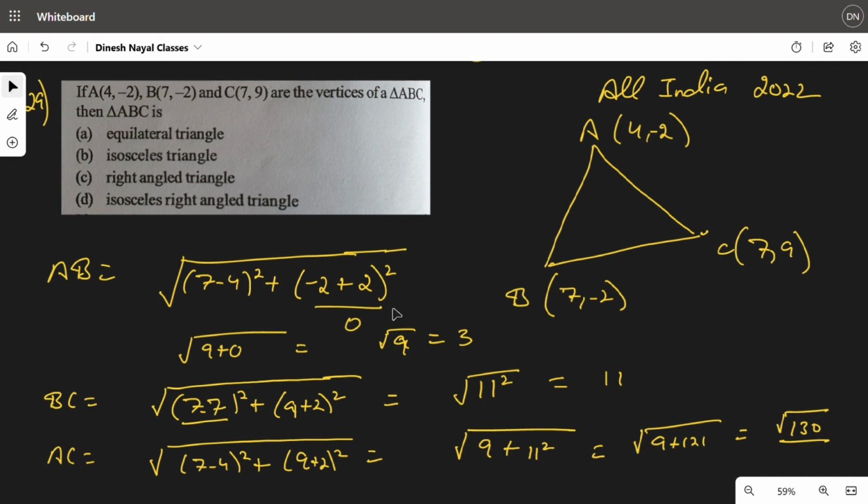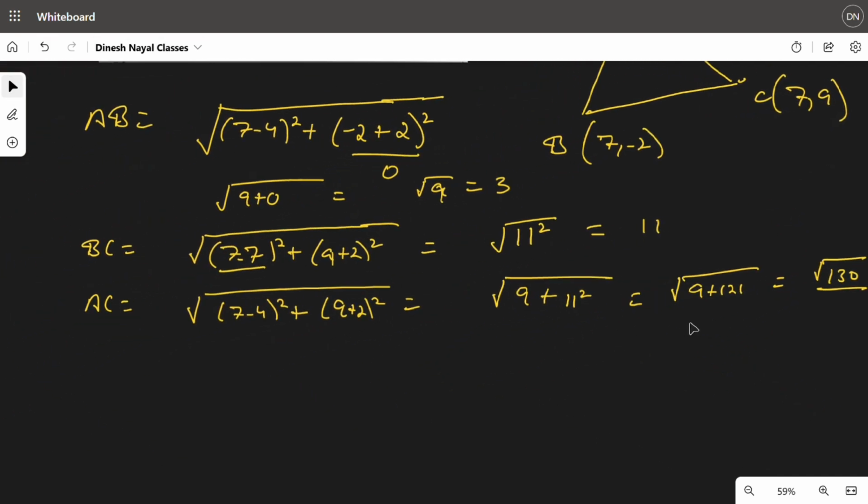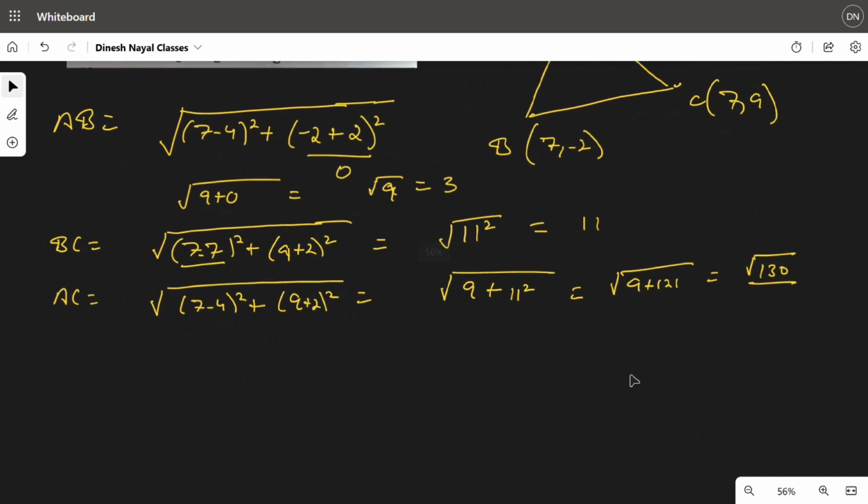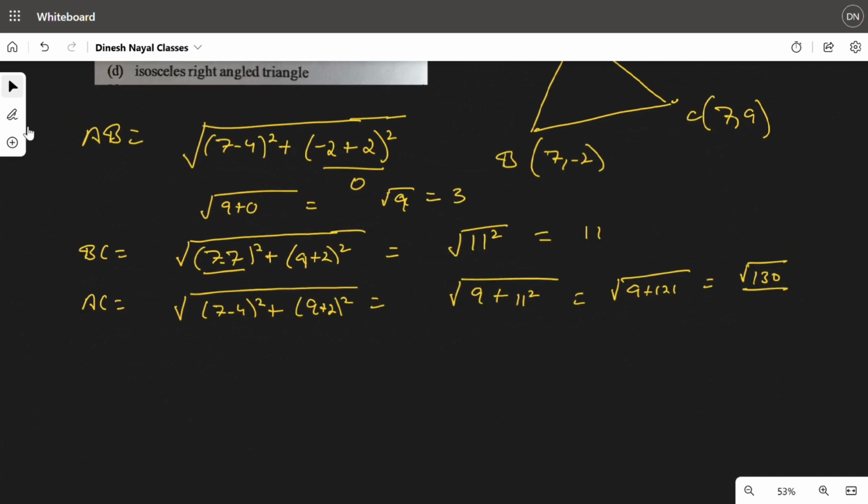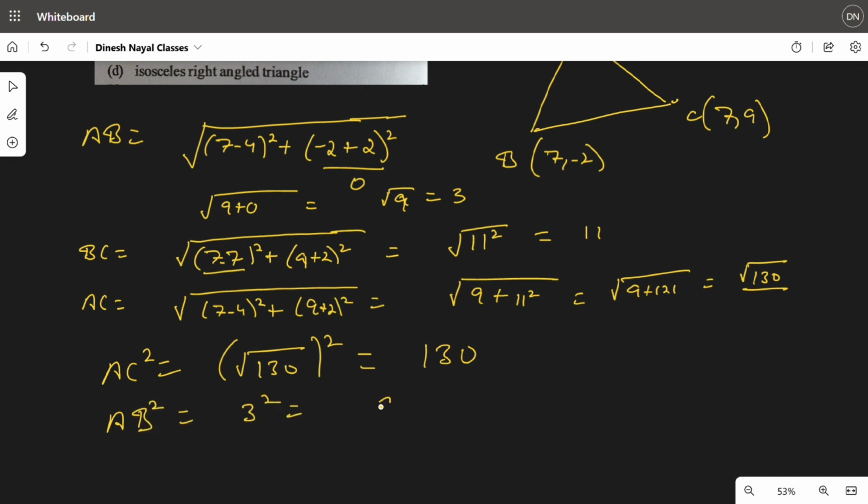Now see, here we see a very important property. If you take AC square, what's AC square? AC square is under root of 130 whole square. Root and square will cancel out. This will be 130. And AB square is 3 square, that is 9.